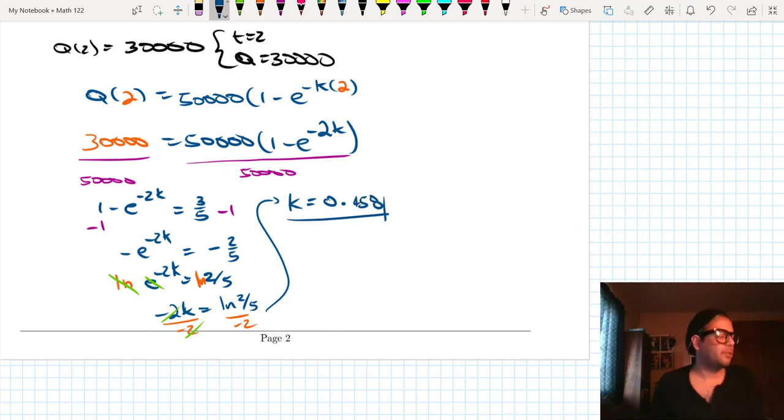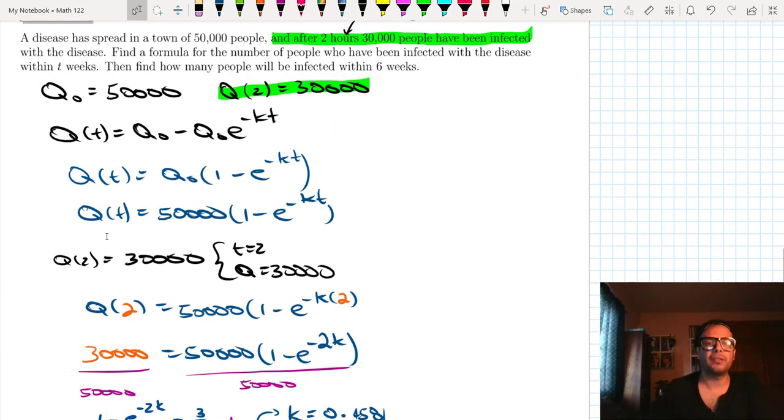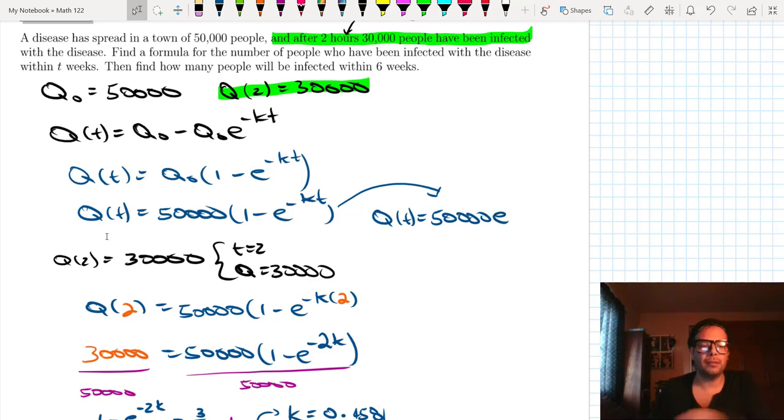Now that we have that k value, the rate, let's write Q of t equals 50,000 times 1 minus e to the negative 0.458t.